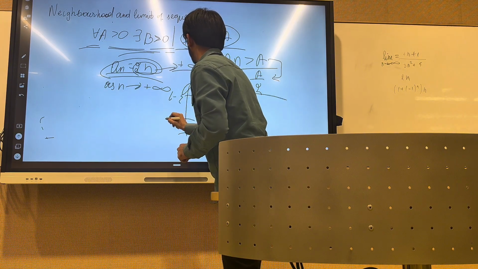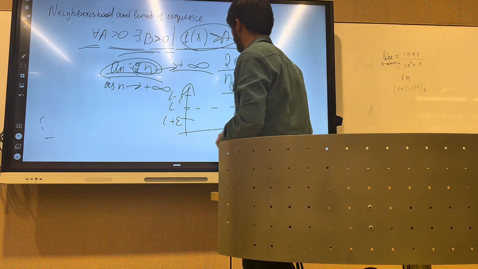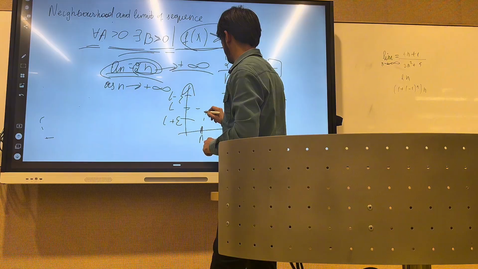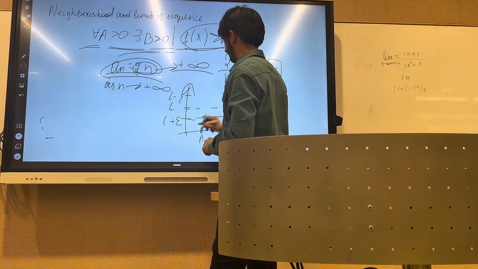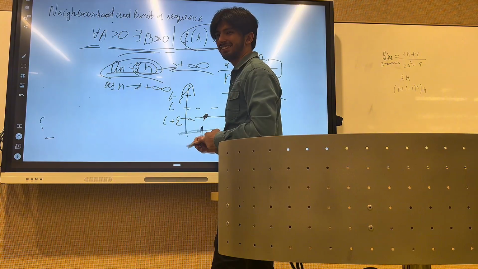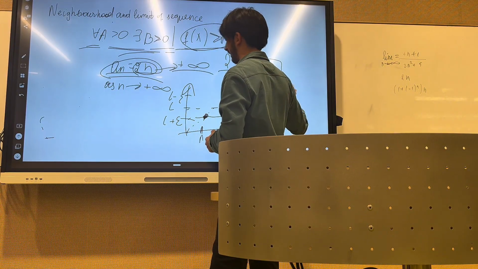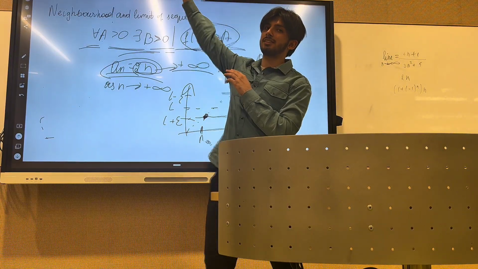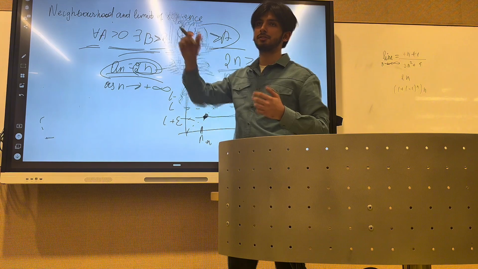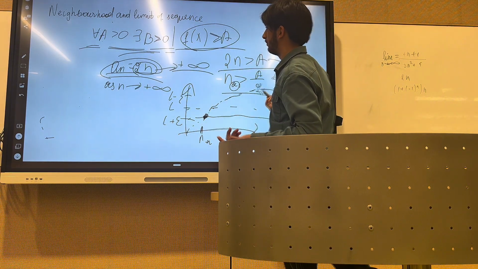L minus epsilon, L plus epsilon, is our NA. Okay, it's our NA. So it diverges like rockets going to the sky, right? It goes to the universe. So as it is there, it diverges.